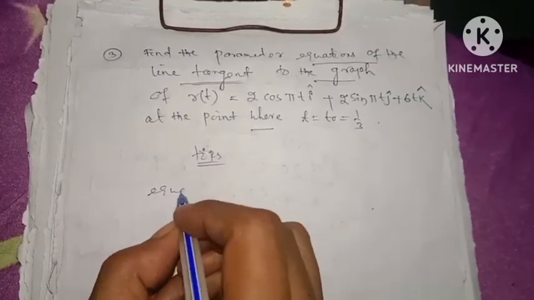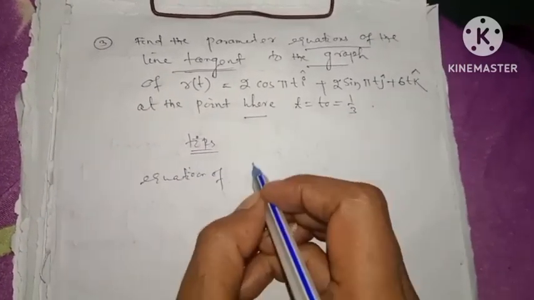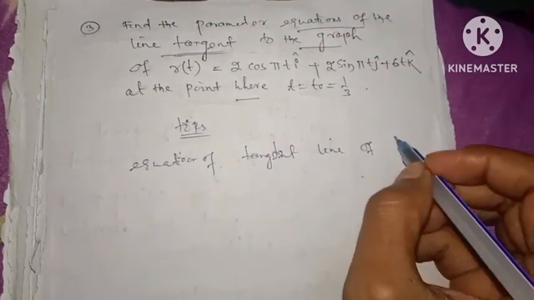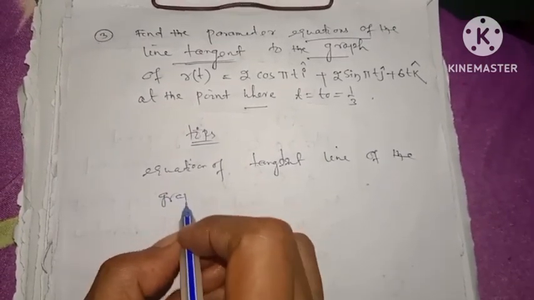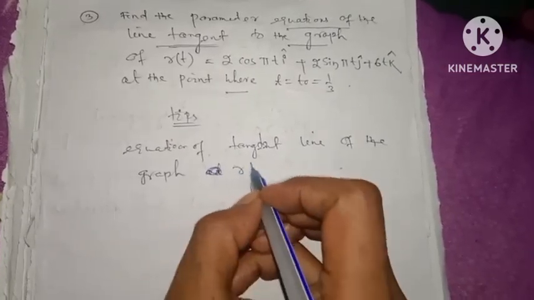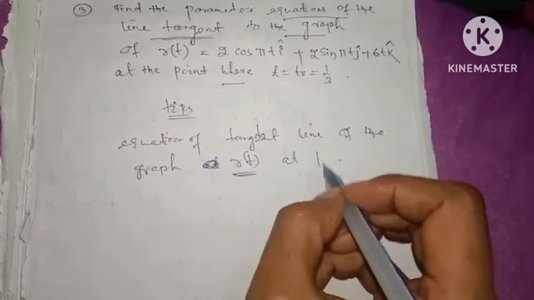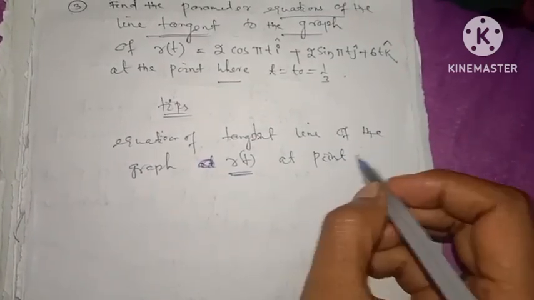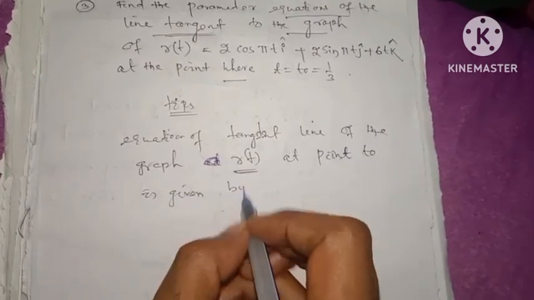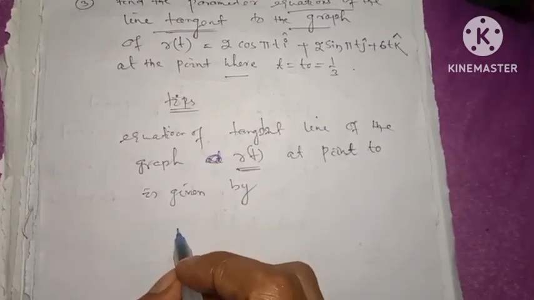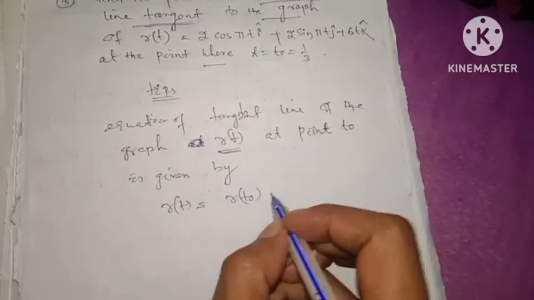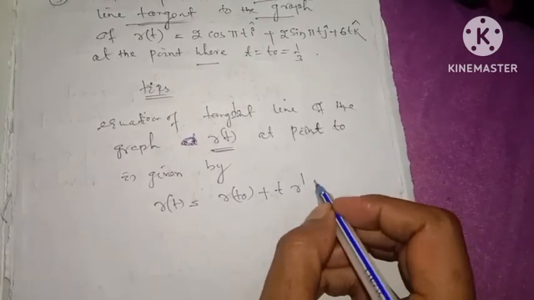The equation of the tangent line of the graph r of t at a point t naught is given by r of t naught plus t into r dash t naught.